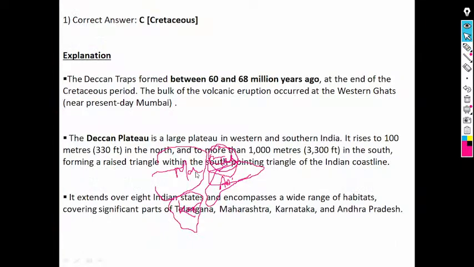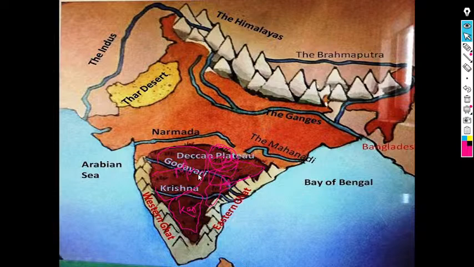But majorly Maharashtra first, then Telangana, Karnataka, and Andhra Pradesh. This pictorial view clearly depicts the placement of the Deccan Plateau. See here, the Godavari river is here, Krishna is here, here is Narmada and Mahanadi, Ganges.